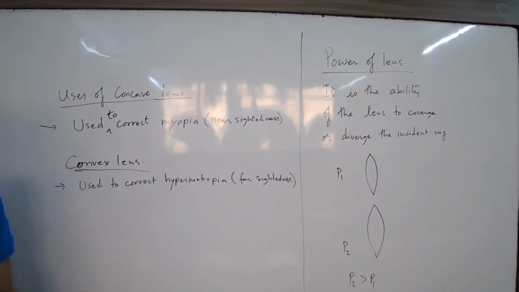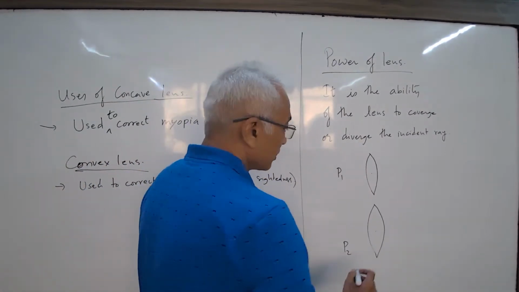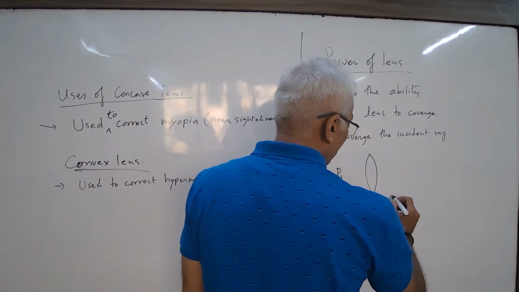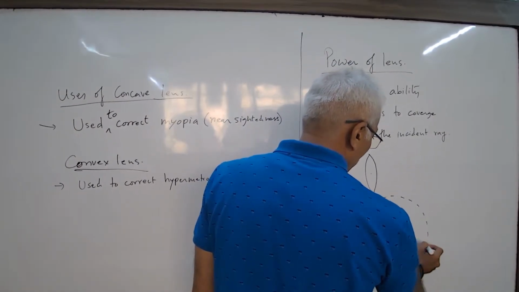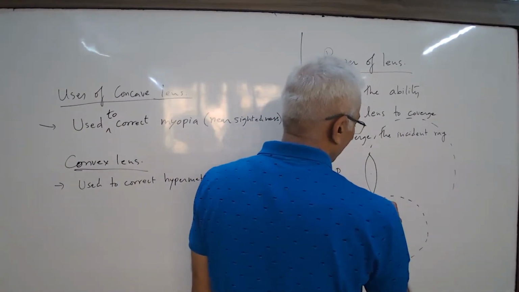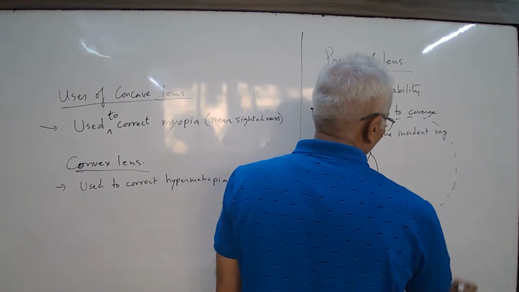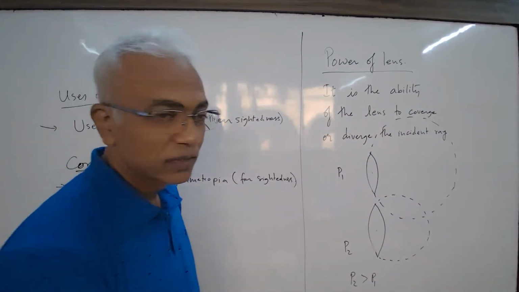Which has large focal length? Thick has large focal length, because it has more curvature. So it will make a bigger sphere or a smaller sphere? It would be the smaller sphere. Now tell me, which focal length is bigger?